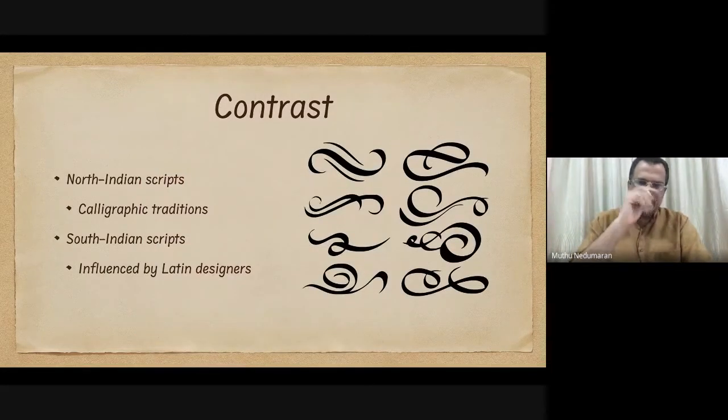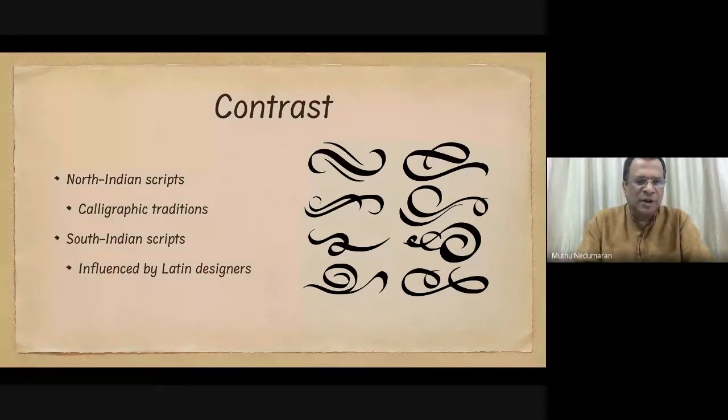Now, contrast, as I explained to you earlier, gets introduced when you use a calligraphic form. So the northern Indian letters, like Devanagari or Gurmukhi or Bengali, are naturally calligraphed. So they have a natural thick and thin stroke in their letter forms. That's natural. But how did Tamil, Malayalam, Telugu and Kannada get this contrast?